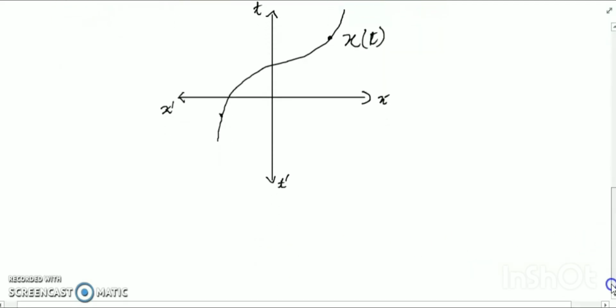Okay, so initial and final condition, say initial condition time ti and x at ti, and then x at tf.